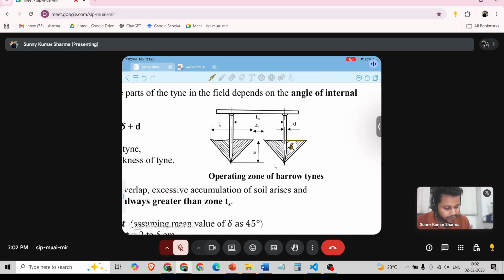So this is the perpendicular of this triangle, and this is the base, that is the depth of operation. This value will be a tan delta, this thickness is d, and this is again a tan delta. So 2a tan delta plus d will be the working zone of one tine.